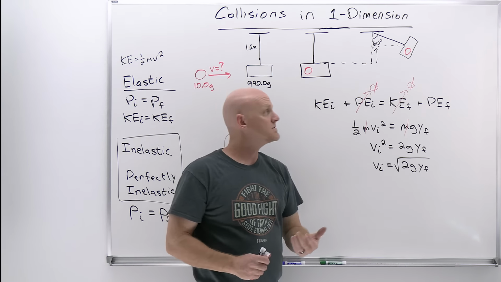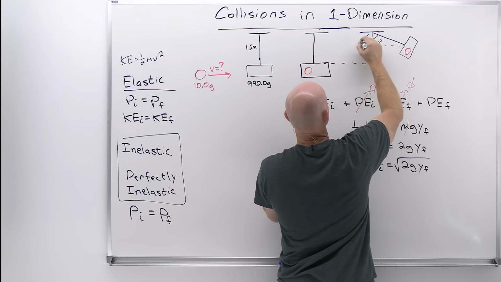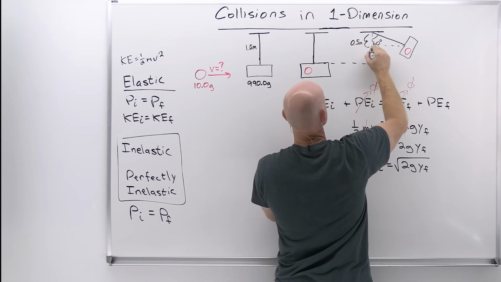Well, the cosine of 60, the complementary angle, is also 1/2. And so 1 meter times 1/2 shows us that this distance right here is 0.5 meters, which means that this distance is also 0.5 meters for that total 1 meter. So our height above our 0 point here is an additional 0.5 meters. And now we can solve for that velocity.